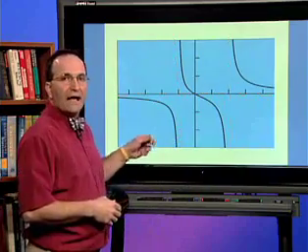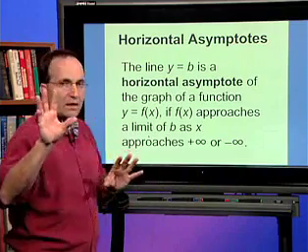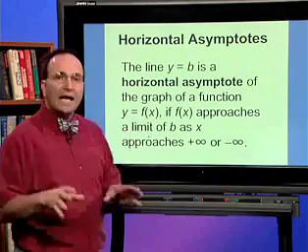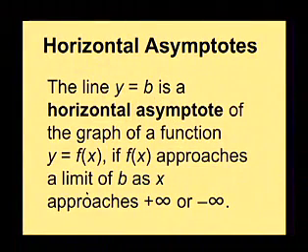Let's take a look at this in what's called limit notation. If the line y = b is a horizontal asymptote of the graph of the function y = f(x), then f(x) approaches a limit of b as x approaches plus or minus infinity.